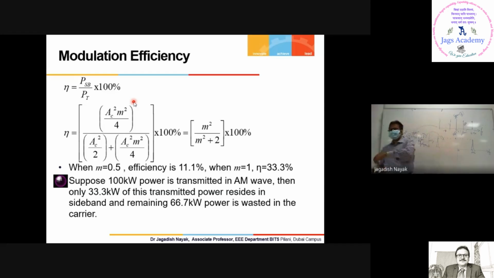Now why single sideband AM wave? Why do we need to go for single sideband AM wave? Because in conventional AM wave, we have unuseful things, yes or no? Like we have the carrier. In conventional AM wave, you have the carrier component, the upper sideband, and also the lower sideband. Out of that, only one is required. So for that, what do we do?